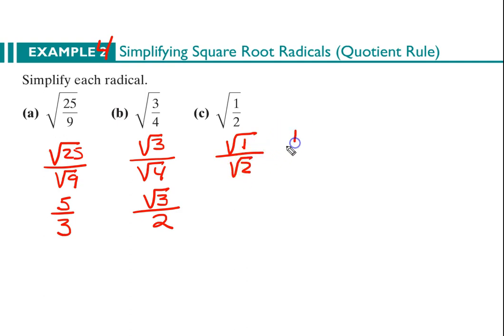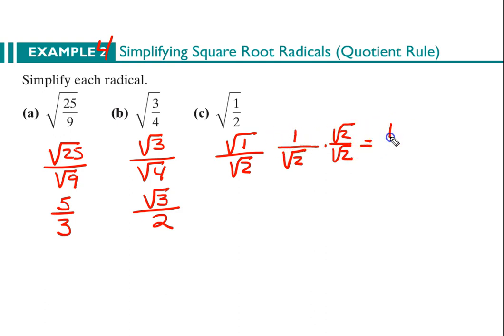We have to multiply this fraction because we want to get rid of the radical in the denominator. We want to rationalize this denominator. So we multiply it by 1, using the square root of 2 over the square root of 2.